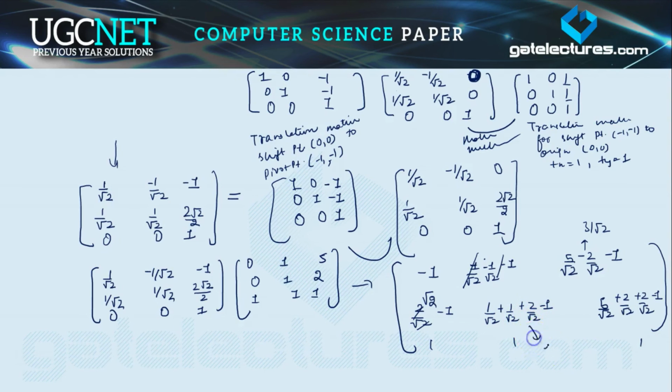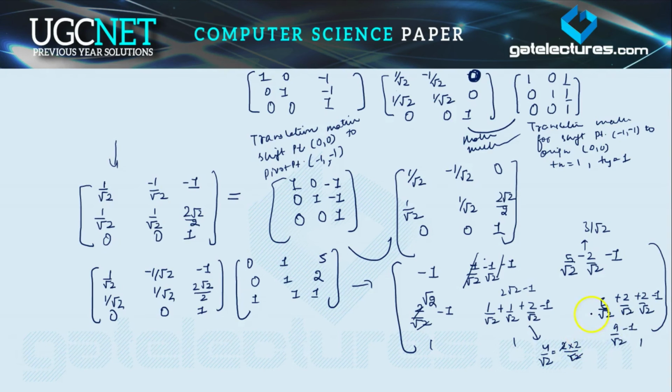So this is going to be 4 under root 2, and how can we write 4? 2 into 2 under root 2. So this is going to be cancelled, and we've got 2 under root 2 minus 1, and this is 5 and 2 is 4. 5 plus 4 is 9, 9 under root 2 minus 1.